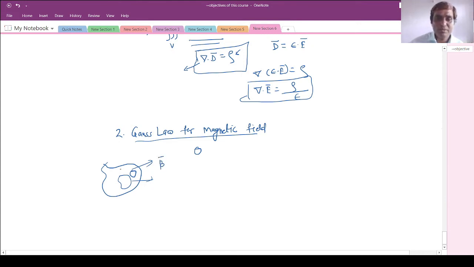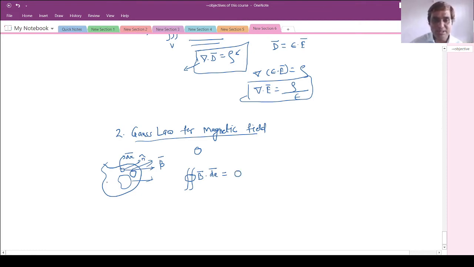Suppose the magnetic flux density is B bar, and I take a small area dA bar moving in this unit direction. This gives me the dot product of B bar with dA bar over a closed surface, and it will be equal to 0 because there are no net charges inside the surface.